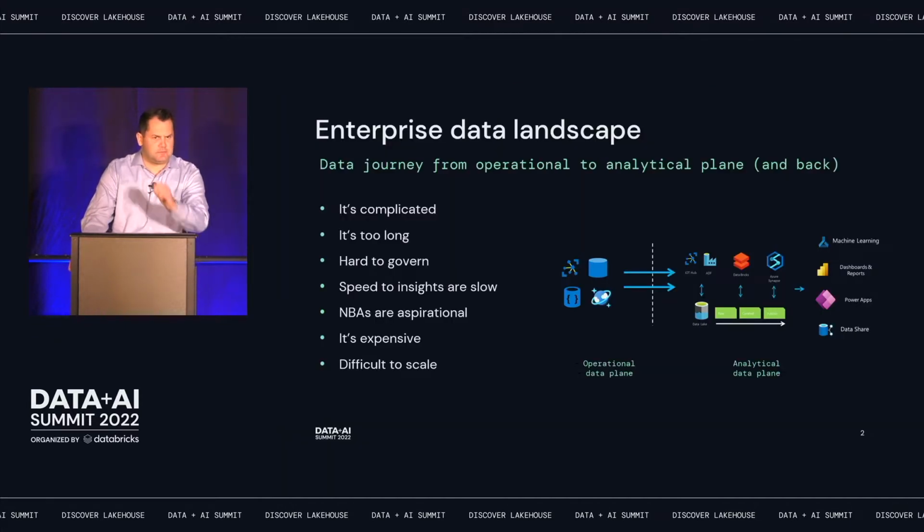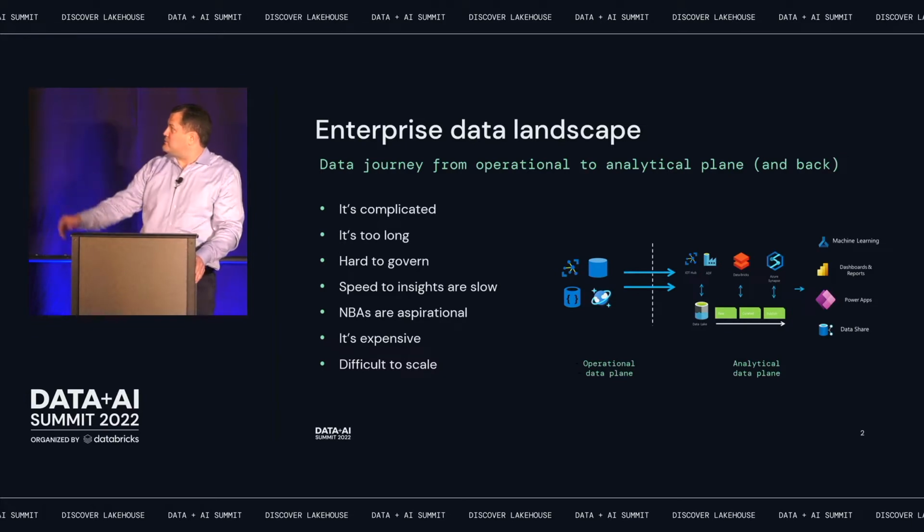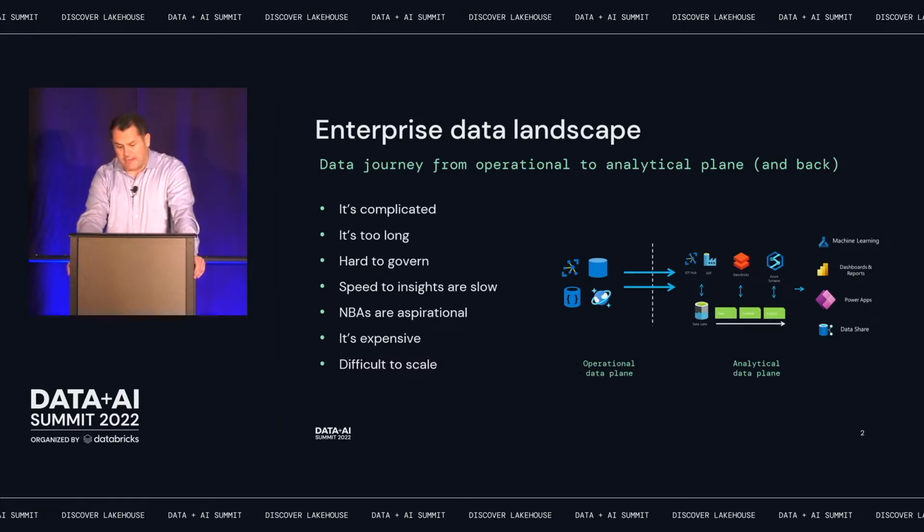So before we jump into distributed data architecture, let's take a quick look at what we're seeing today in terms of enterprise data landscape, what I'm running into as we talk to our clients. It's typically a combination of what you're seeing on the right-hand side.